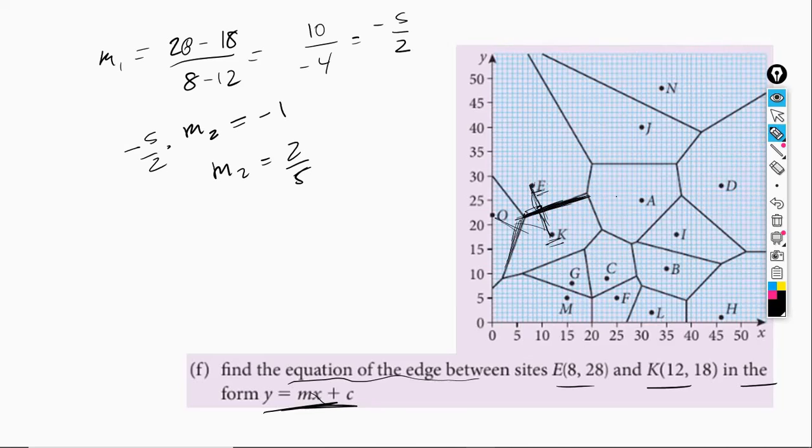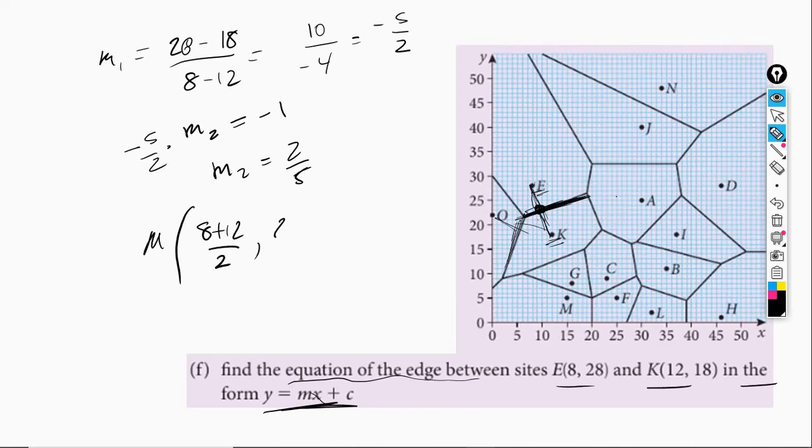But we do know that this point here, the one that is on the intersection of the two lines, is the midpoint of E and K. So we can find that midpoint. And remember that midpoints are simply found by adding the coordinates and dividing them by 2. So the midpoint would be 8 plus 12 for x divided by 2.